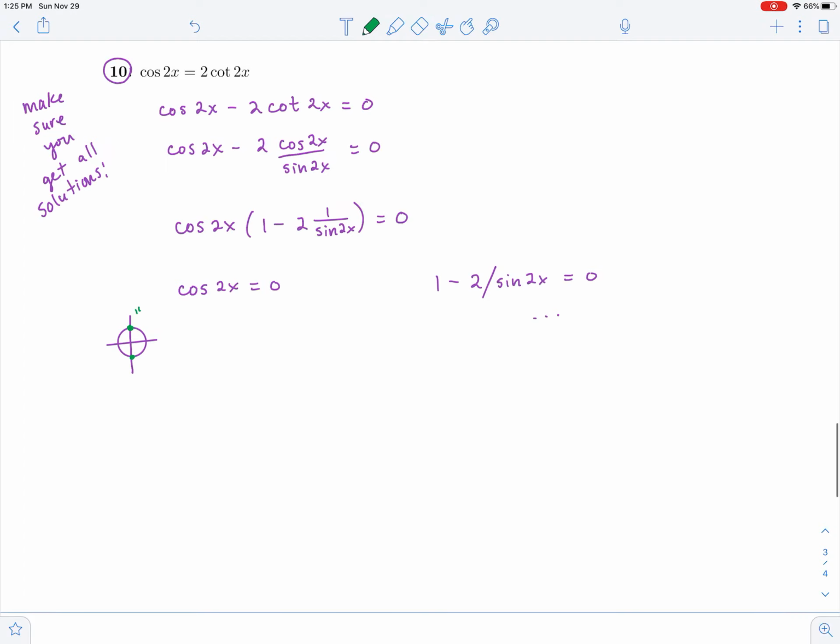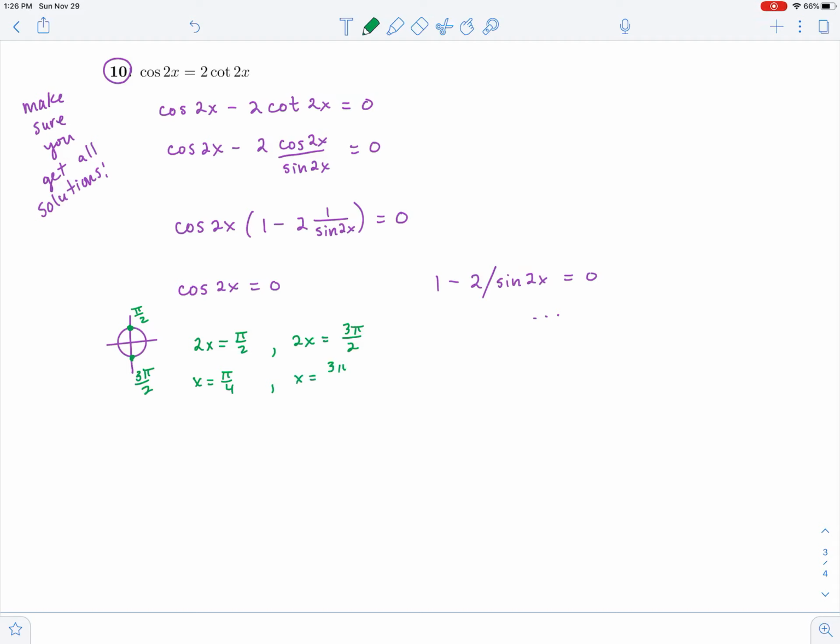And this is pi over 2, and this is 3 pi over 2. So when we set our argument 2x equal to pi over 2 and 2x equal to 3 pi over 2, and we solve for x, we divide both sides by 2, so x is pi over 4. And here x is 3 pi over 4.